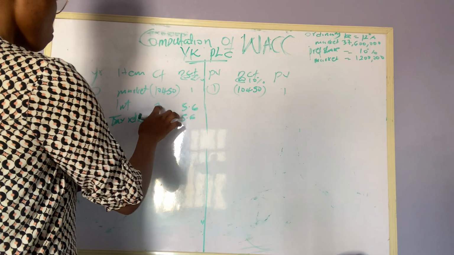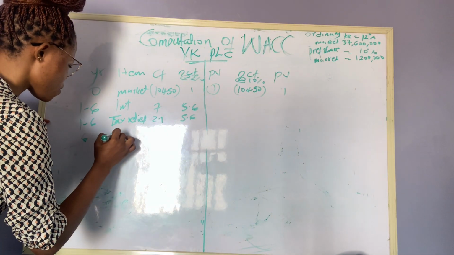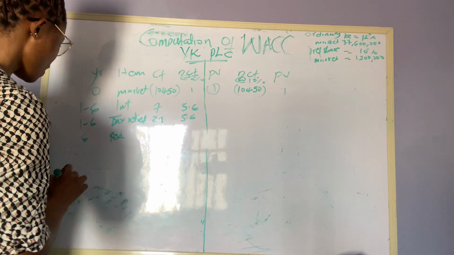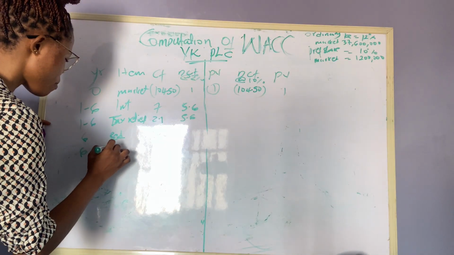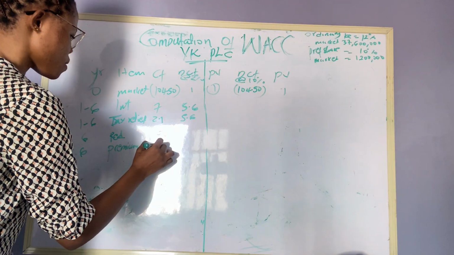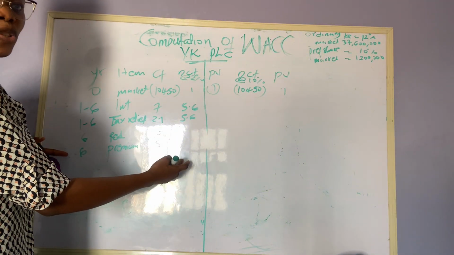Now for the redemption in year 6, which is 100, and the year 6 premium, which is 5. This one, we're no longer going to use the annuity factor.